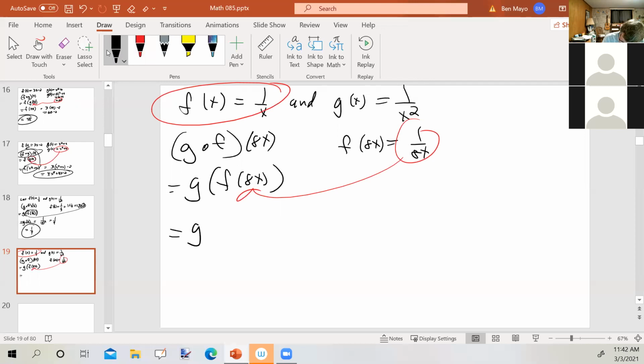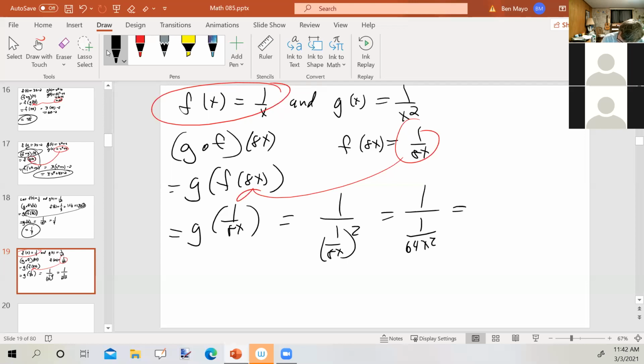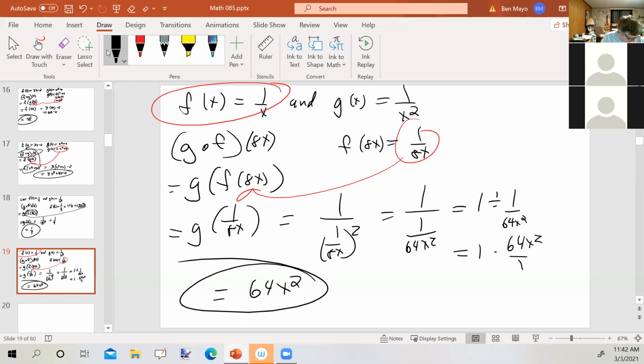So we've got g of 1 over 8x, which is 1 over 8x squared, which is 1 over 1 squared and then 64x squared, which is 1 divided by 1 over 64x squared, which is 1 times 64x squared over 1, which is 64x squared.